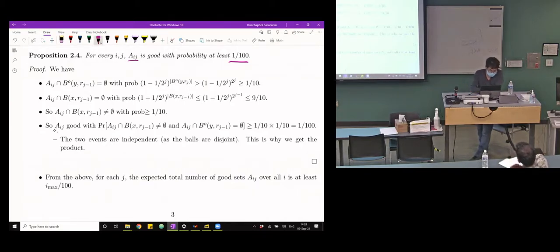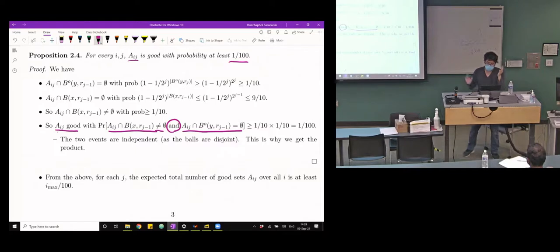Here I said that the set is good if these two events happen. I contain some point in the large set, and I avoid all points in the small set. But these two events are independent only if the balls are disjoint, right?